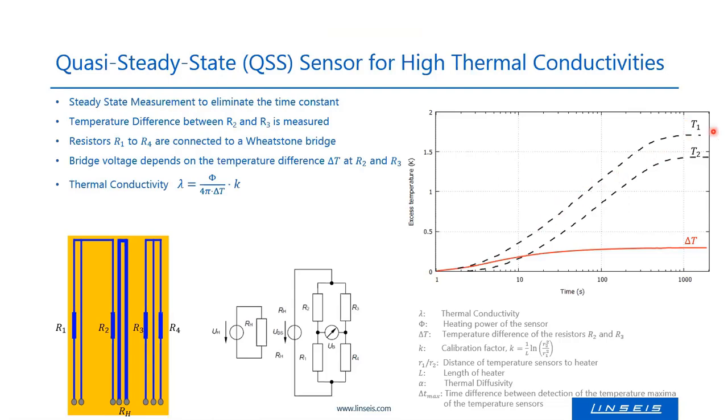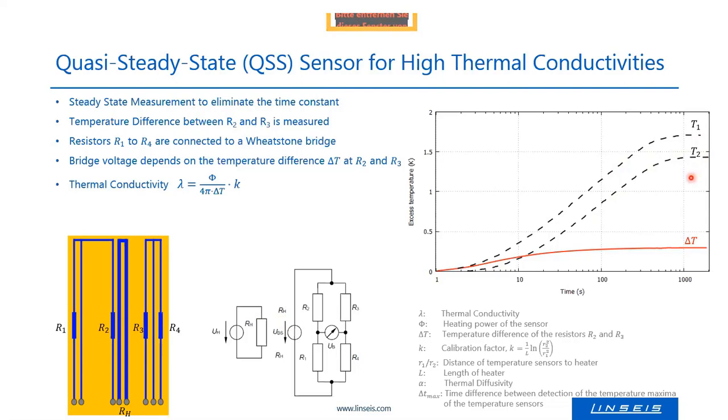Typical results look like that. T1 is measured and T2. T1 comes from this resistor, which is nearer to the heater, so it goes up faster because it sees the heat from the heater earlier. And T2 comes from the resistor R3.